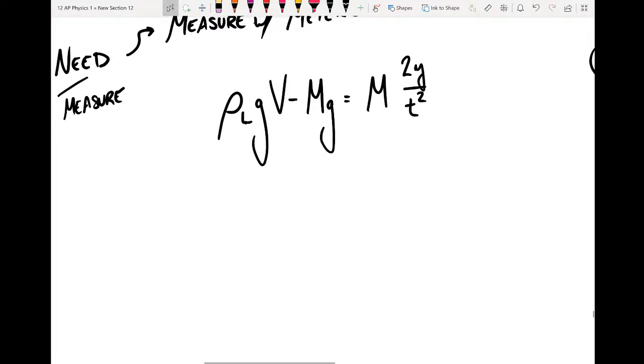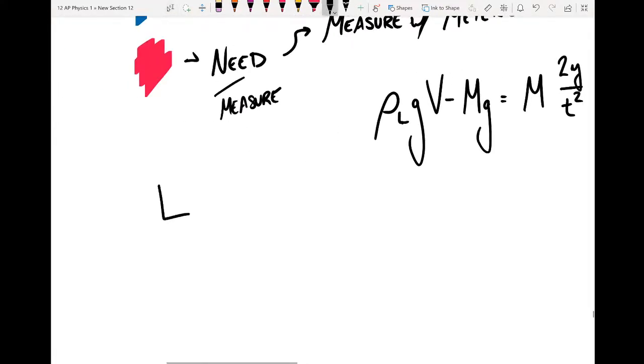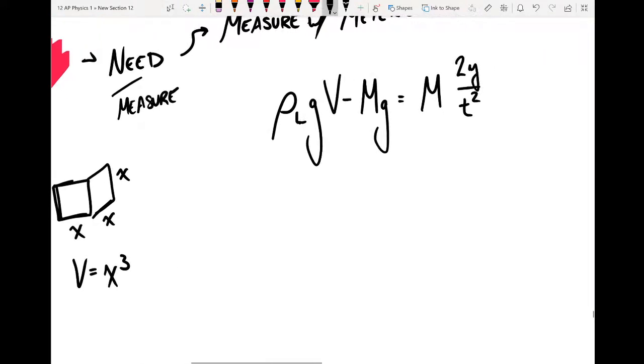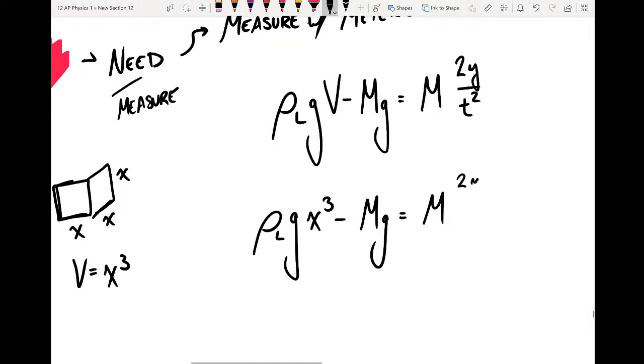I have an experiment, and really quickly, I'm going to replace V. We're given that these are cubes, so let's say they all have side length x, so instead of volume, we'll call it x cubed, just so it's in terms of our measured variables. Rho L g times x cubed minus mg equals m times 2y over t squared.